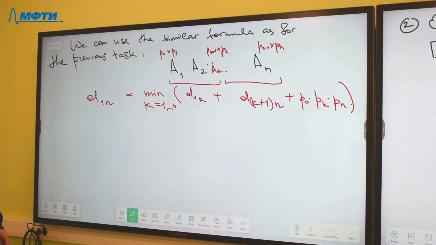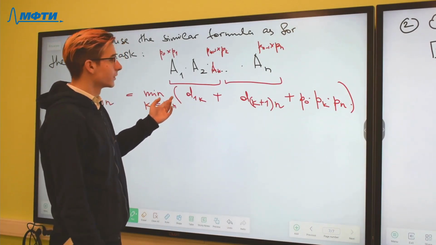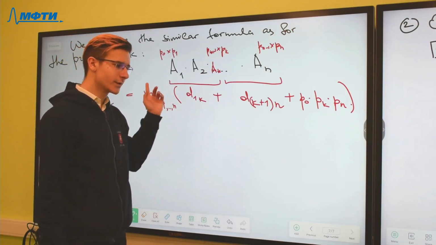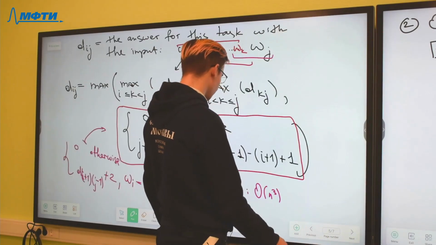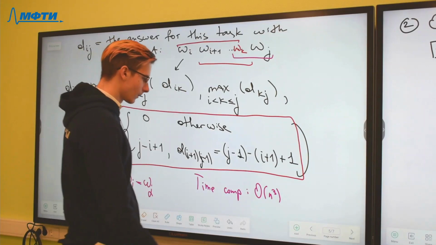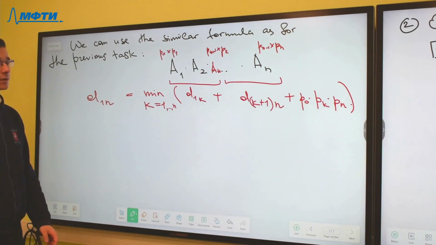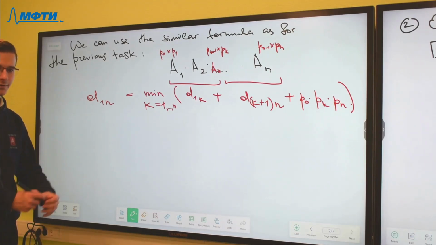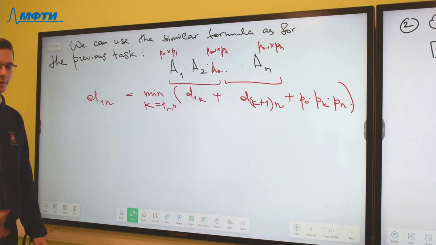So you see that it is similar to what we used to find the answer for the previous task. For this task, we can use the same way to go through the matrix. We start with the diagonal and go over it by the diagonals.